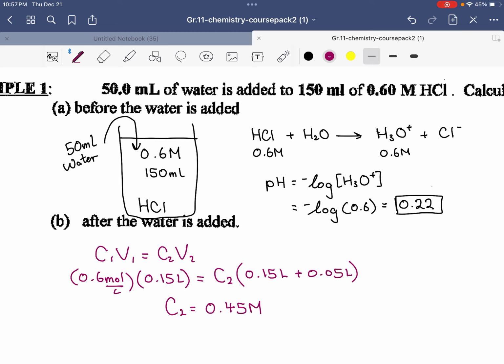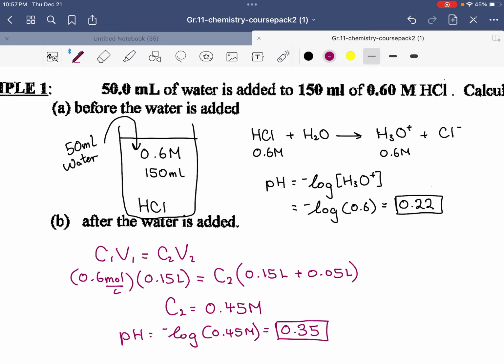No kidding. All right. Using the same idea here, we can find pH to be negative log of 0.45, and your answer should be 0.35.